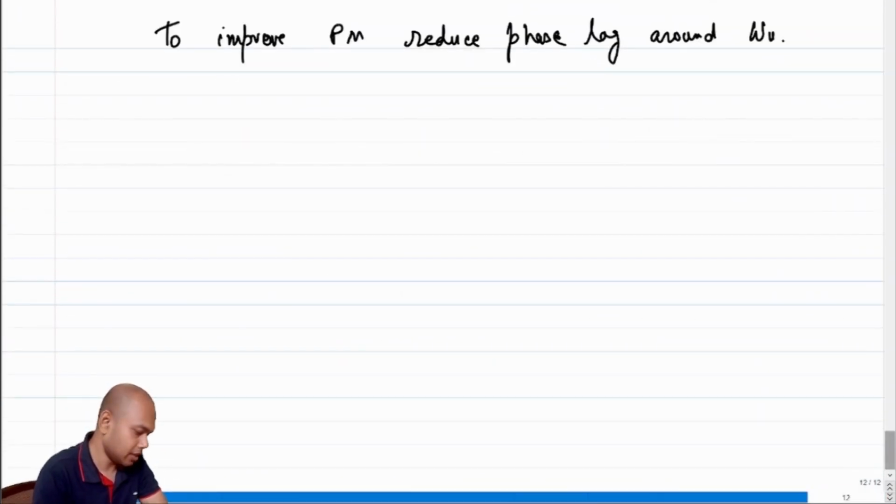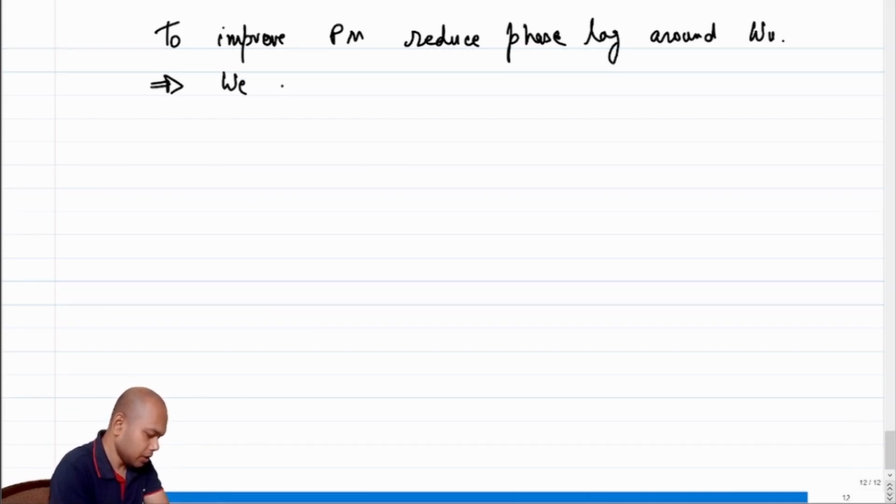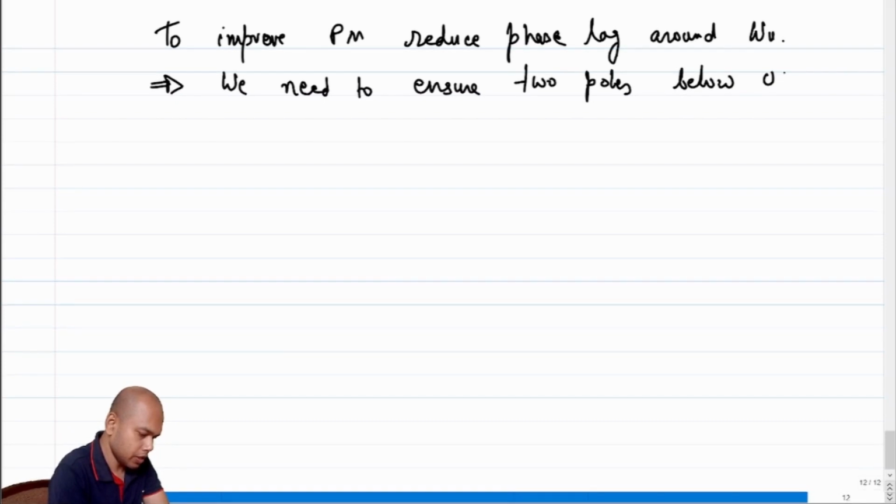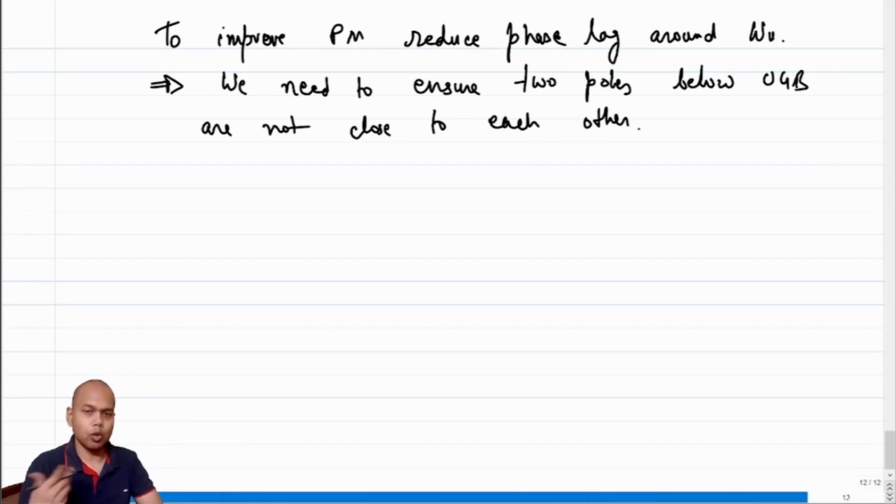So which essentially implies we need to ensure two poles below UGB are not close to each other, because if they are close to each other, they will give us more phase lag.